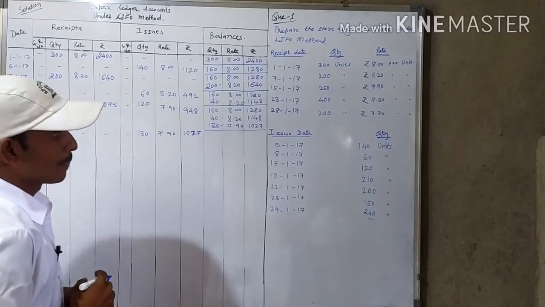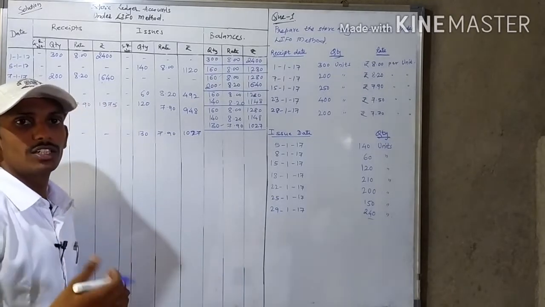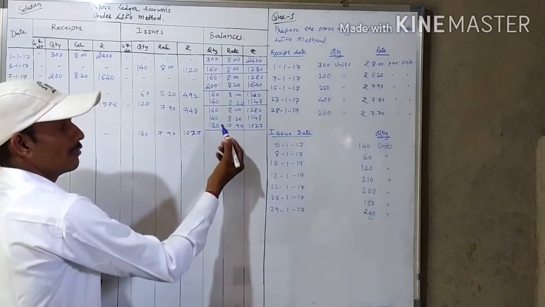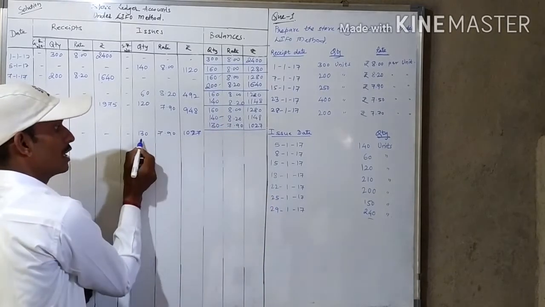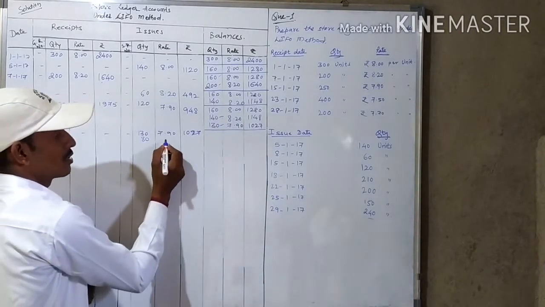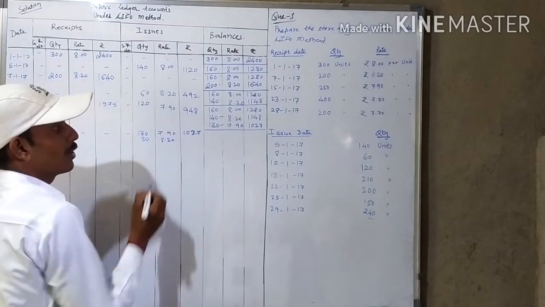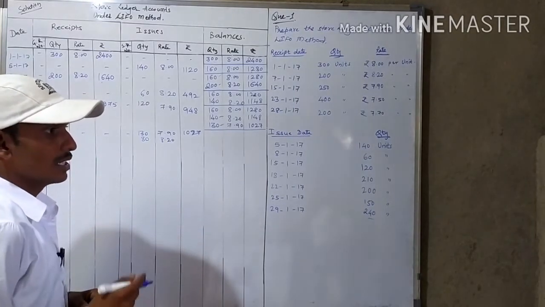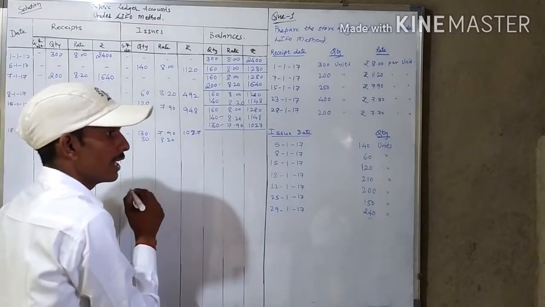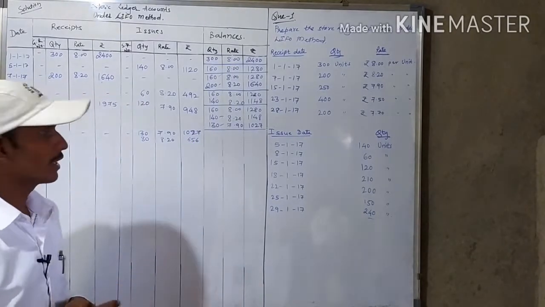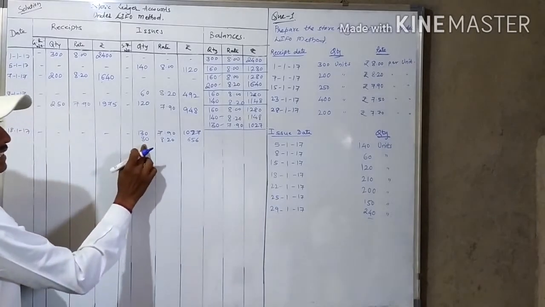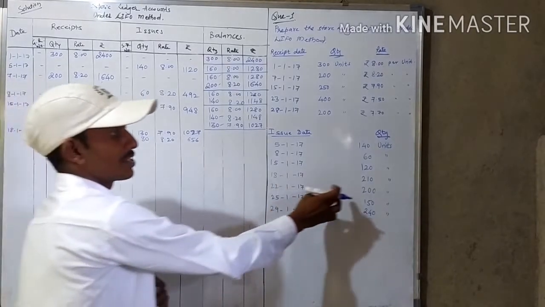Okay, again how much quantity? Again we need to issue 80. From which lot will we issue? Out of 140 we will issue 80 units. What is the rate? 8.20. So here the value will be 656. Okay, now 130 plus 80, 210 units are issued.